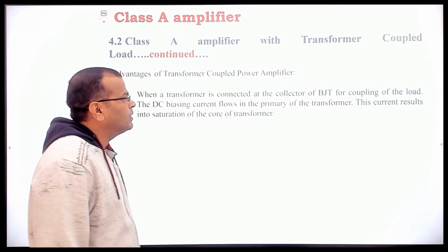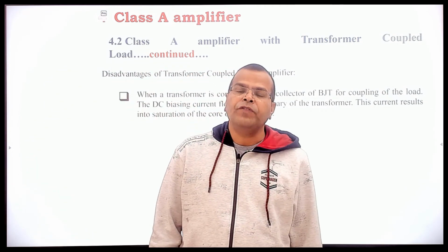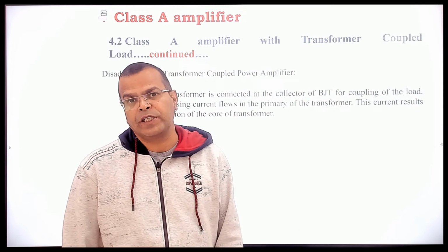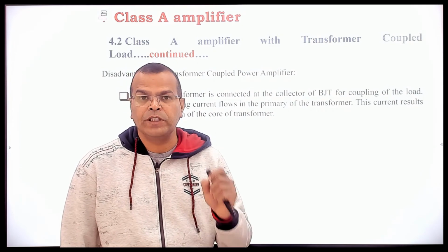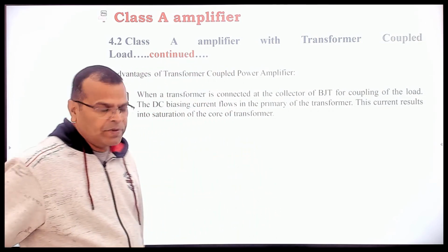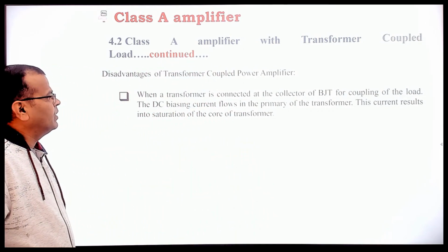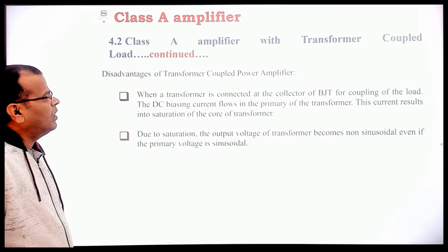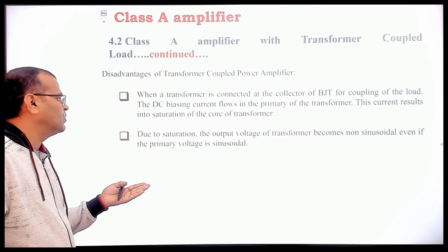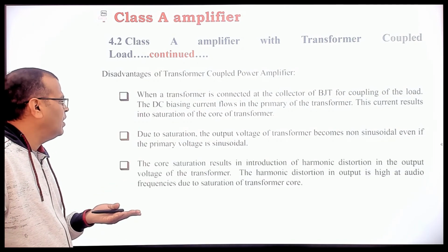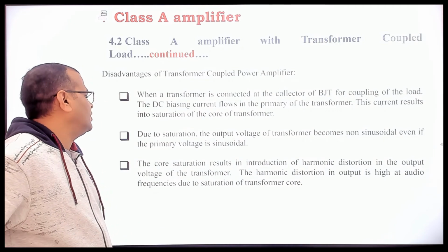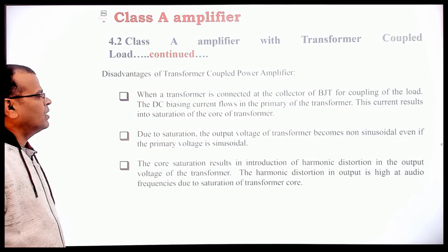Second point is, the transformer coupled amplifier gives poor low frequency response. The low frequency response is better in direct coupled but poor in case of transformer coupled load, right? So I have already explained, because of the saturation, the output voltage of the transformer becomes non-sinusoidal because of the introduction of harmonics. So the core saturation introduces harmonics in the output of the transformer.